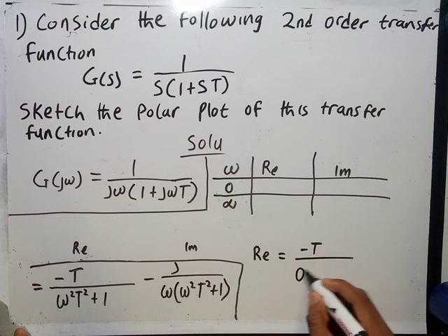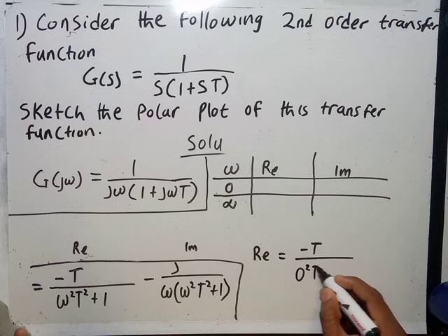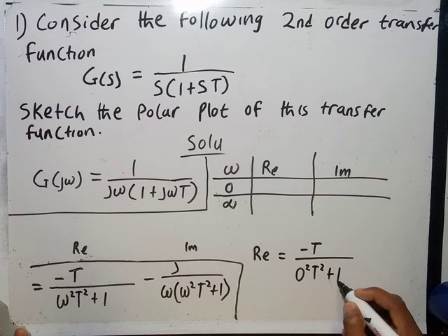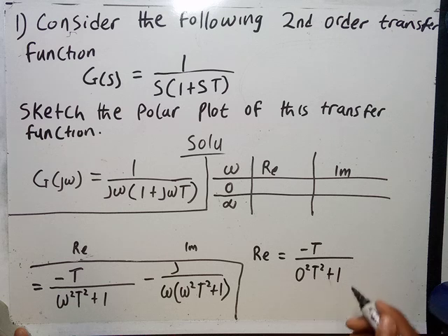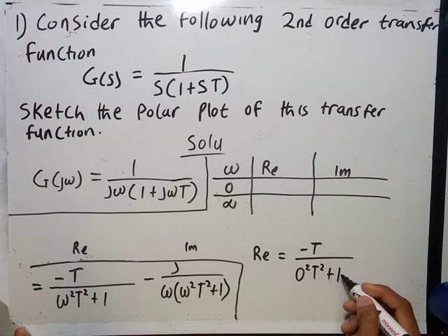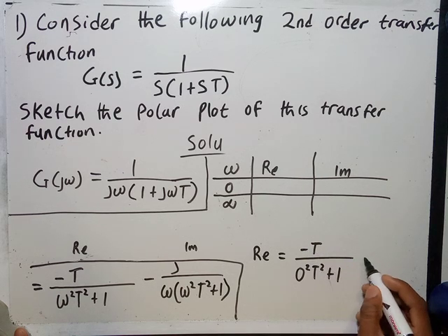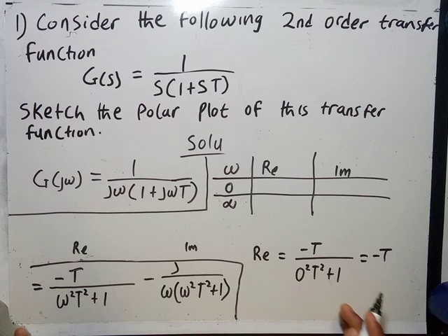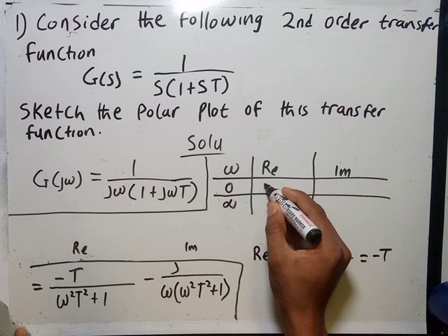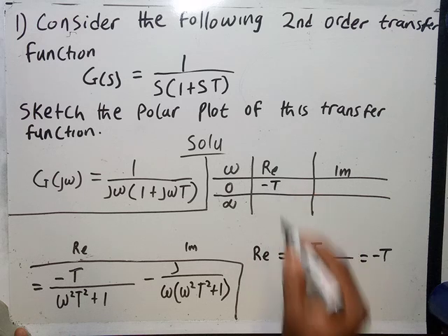So we have 0 square t square plus 1. This times this will definitely give us 0, and 0 plus 1 is 1. So we have minus t over 1, which is minus t. As you can see, our distance is minus t.